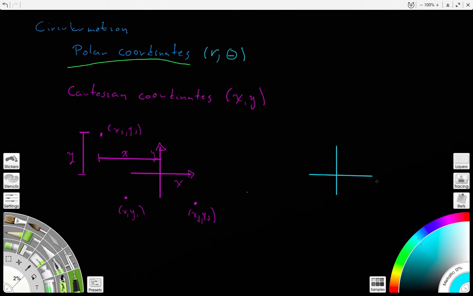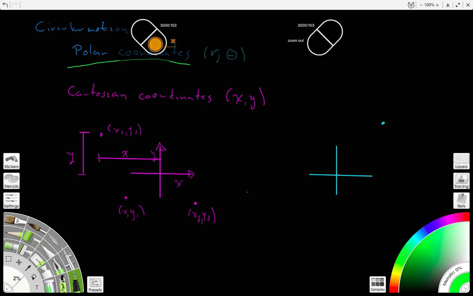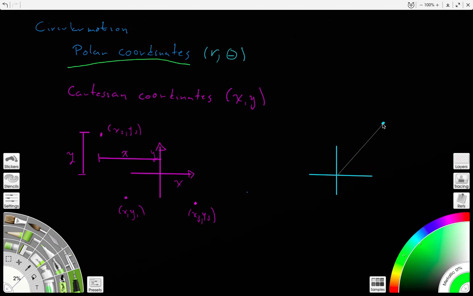For example, if I want to figure out where this point is with respect to this origin, instead of measuring this distance and then this distance, what I'm going to be measuring is the distance from the point to my origin. So this would be r, the distance from the point to the origin.